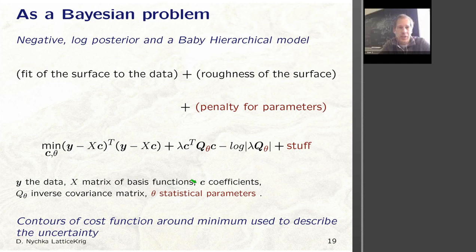So what I've done is I've gone back to this spline motivation of fit of surface to data, roughness of the surface. I'm now going to add on some more penalties for other parameters because, as you know, most self-respecting spatial models are going to have different additional parameters.